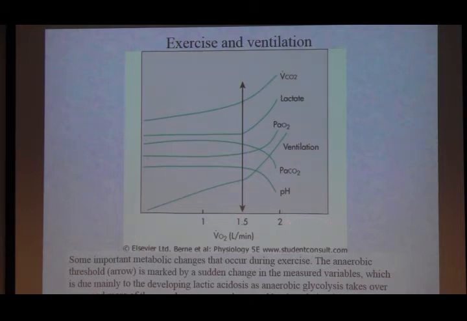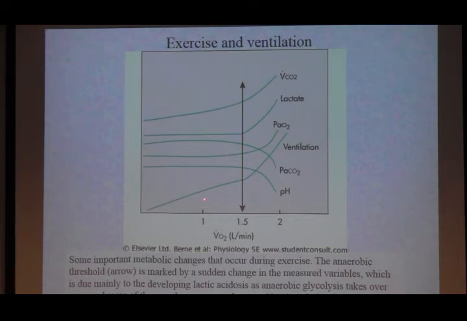First, I want to call your attention to arterial levels of oxygen and arterial levels of CO2. During this range of workloads, notice that oxygen here and CO2 there are held very, very constant.